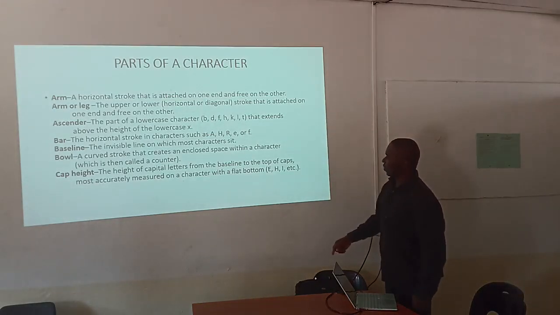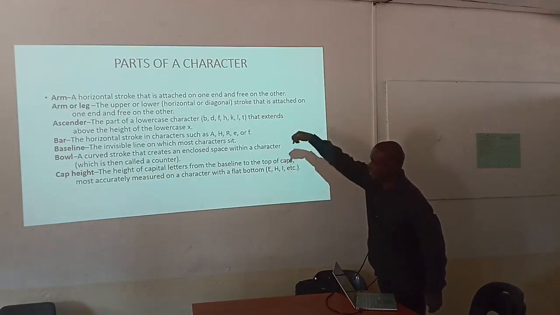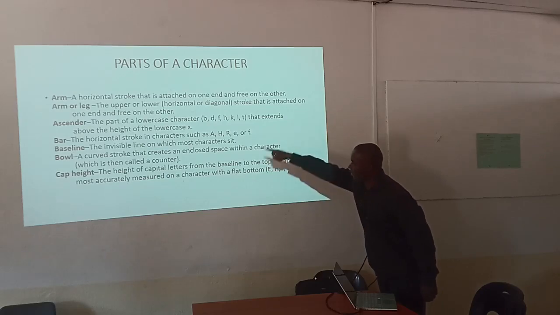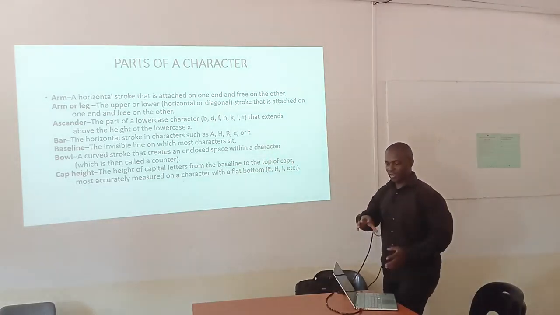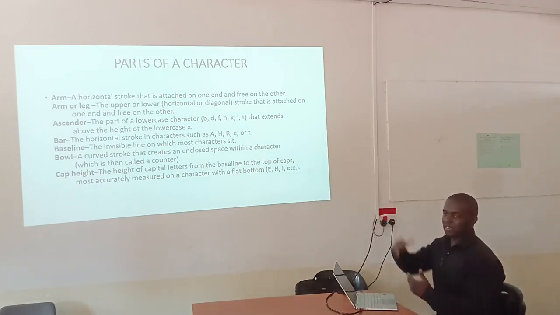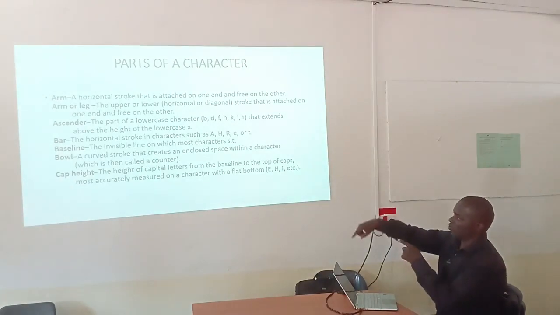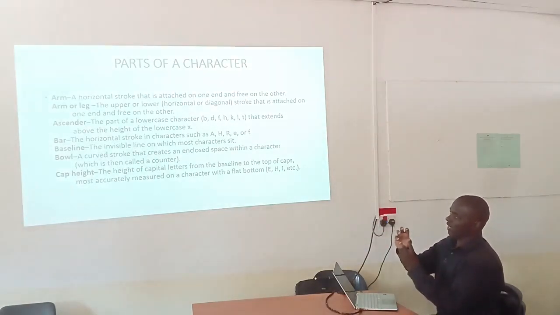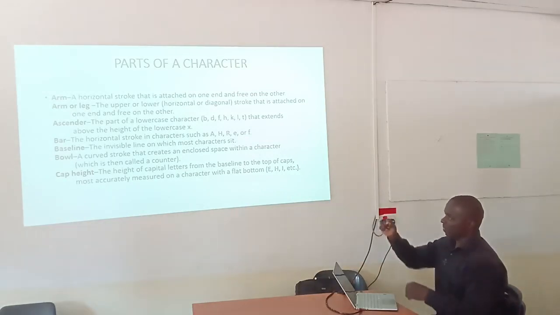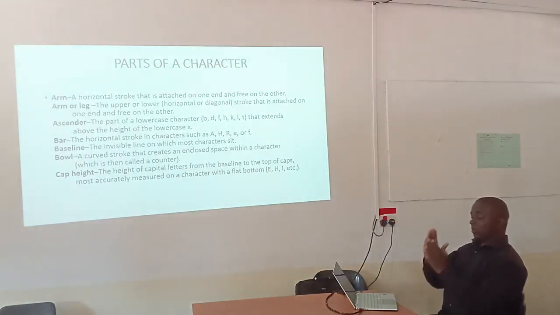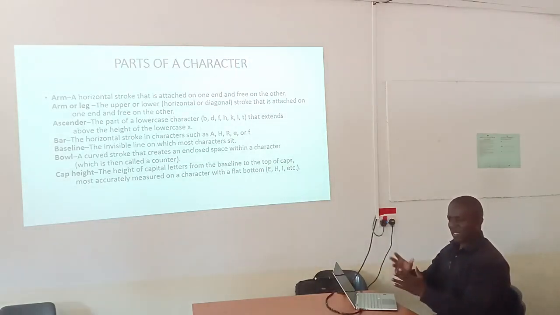If you have a similar character like that P, instead of having this going upward, there's something going downwards. That's a descender. So it's like the same English: ascend is going up, descend is going down. So those protrusions, the strokes on the character that go up like a line, that's an ascender, and down, descender. Depending on the character, these ascenders and descenders are different.